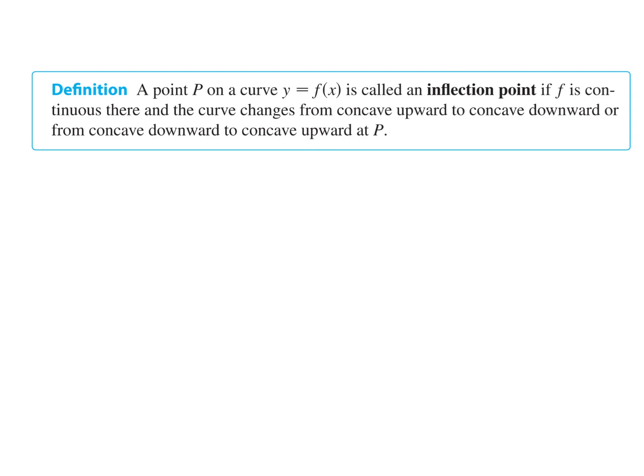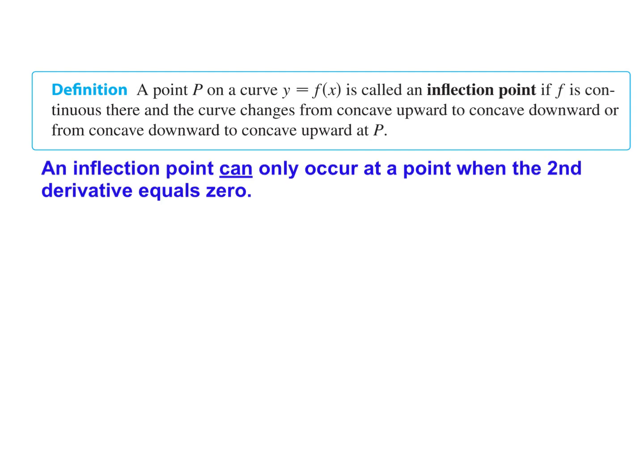Now, what's important to understand is that there are some caveats to that. First off, notice here, an inflection point can only occur at a point when the second derivative equals 0. Keyword: can. It is not a guarantee.